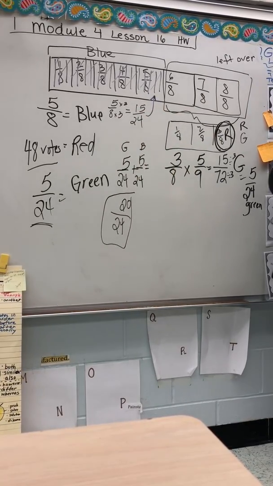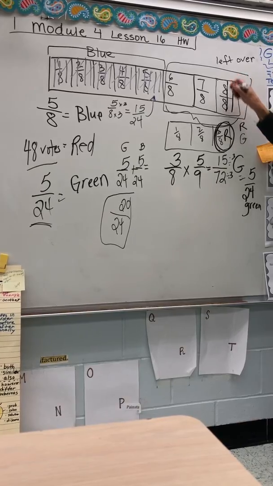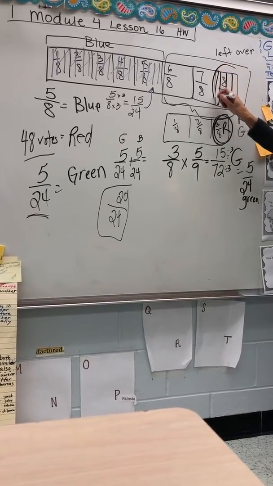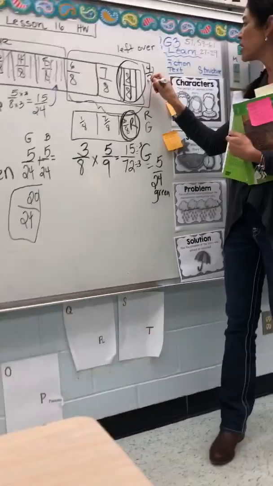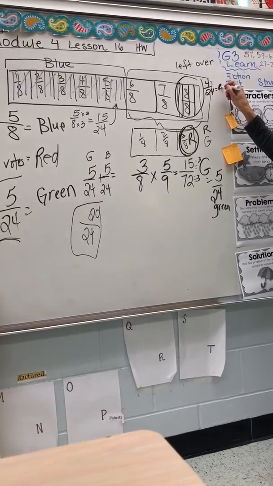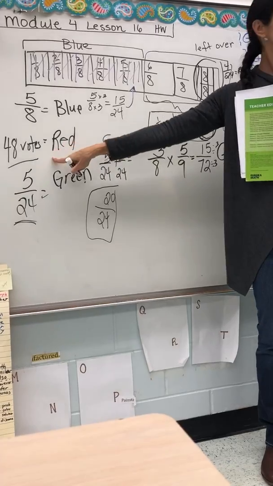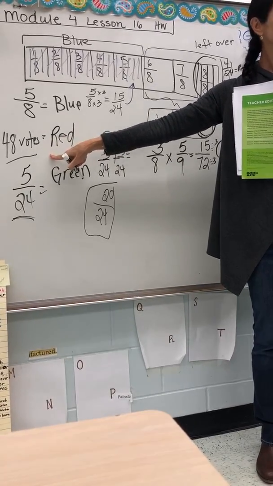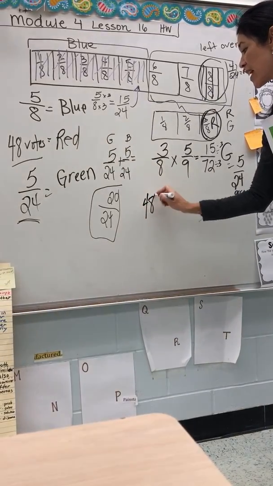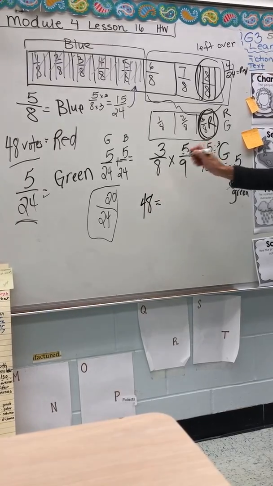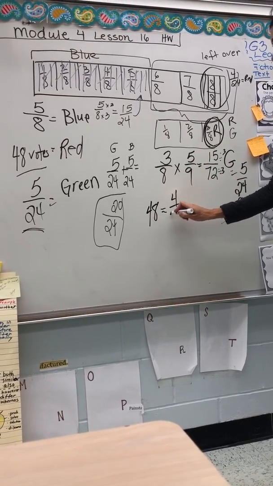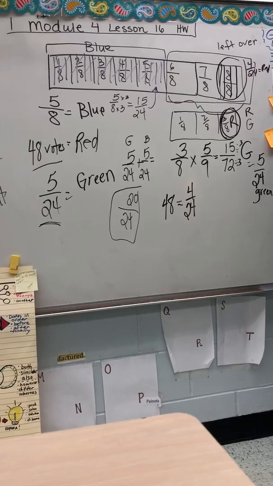Cheyenne? That's right. 1, 2, 3, 4. There's 4 of the 24 that's red. And how much does red equal? 48. That's right. So I know 48 votes is equal to 4 out of 24.